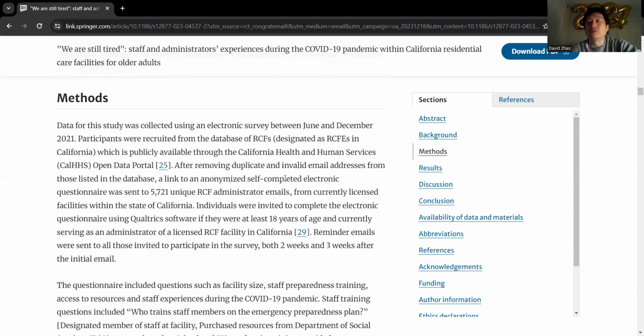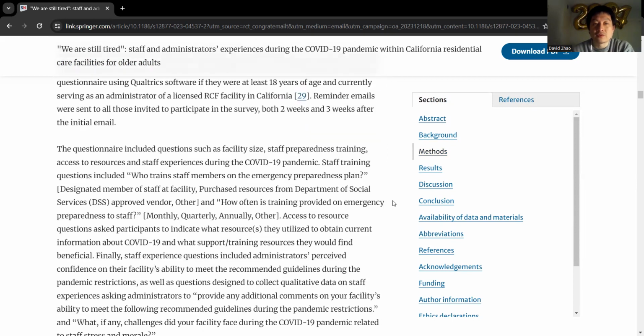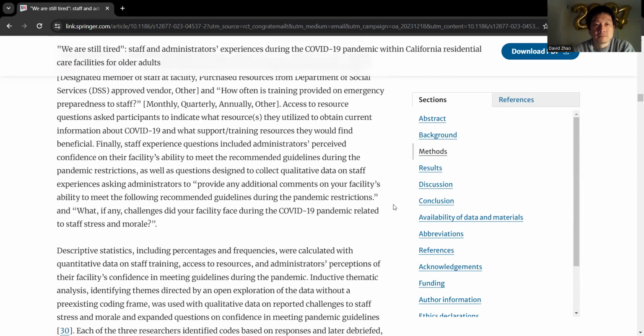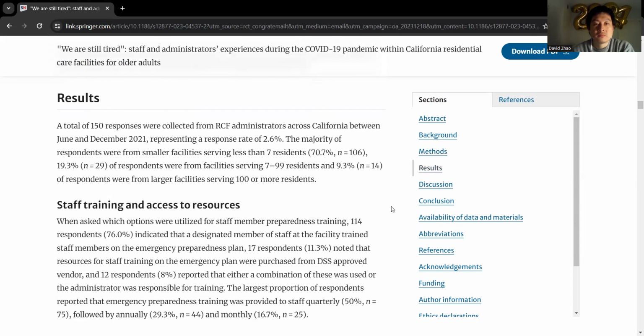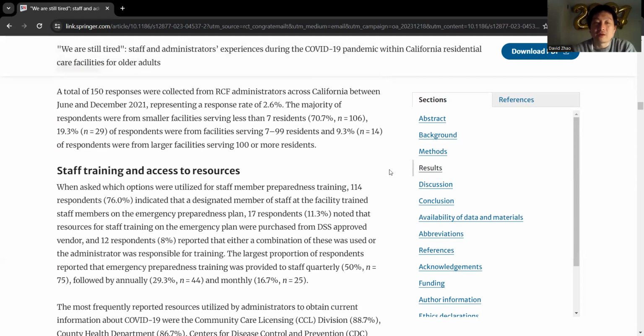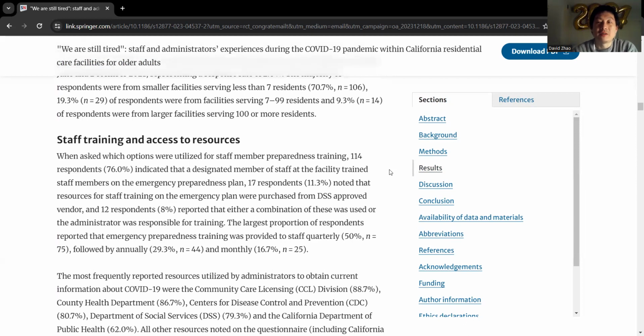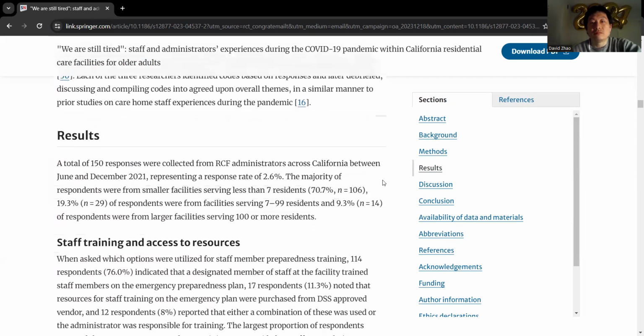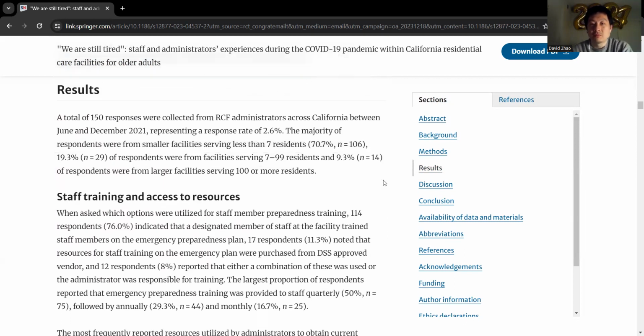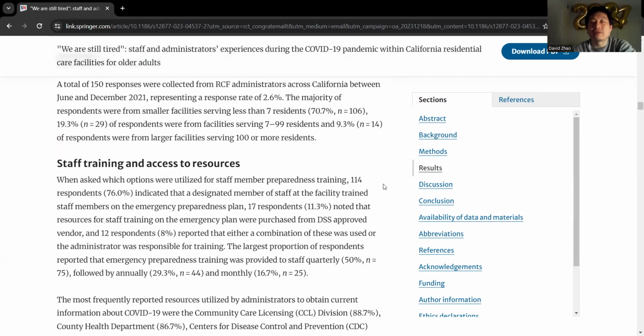Here, methods, how my mentors collected the data for this research. And results, we specifically stated exactly how many responses are from what categories, and how many were non-responses, etc. And then in this section, we broke it down to subsections, for example, staff training and access to resources.